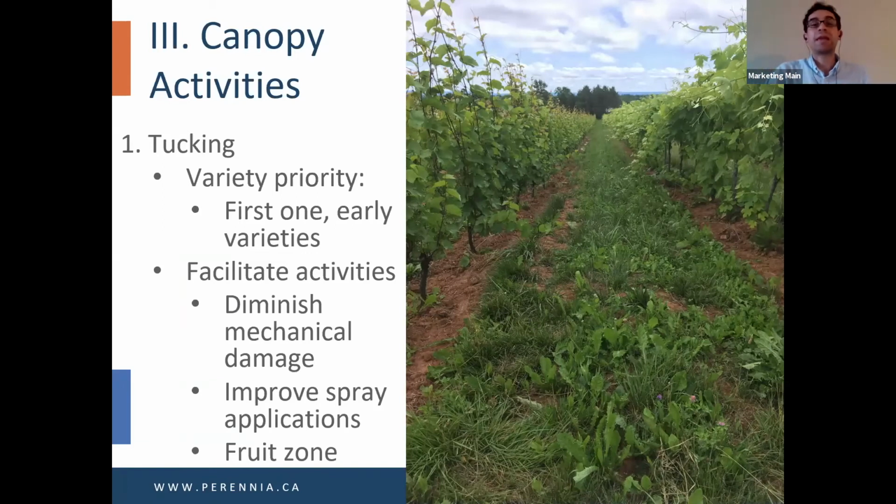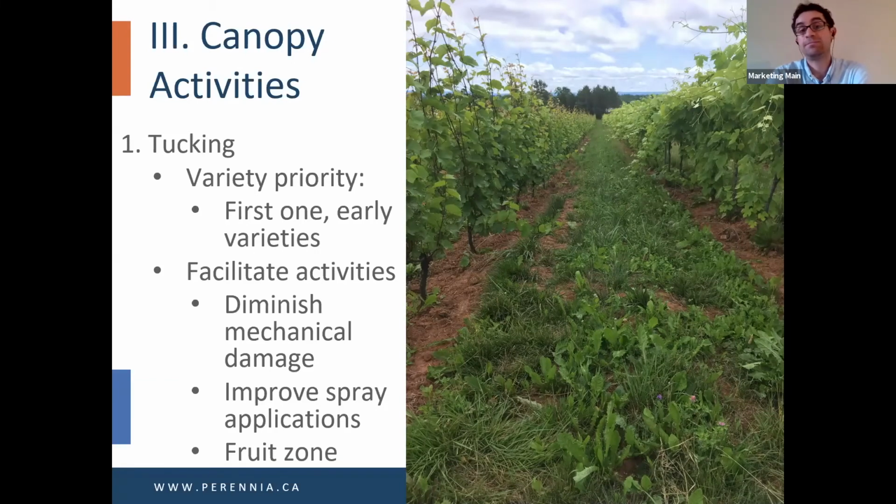Now I want to talk about the canopy activities. Tacking, we already talked and discussed about it in our previous session. It will be a variety priority. First the early varieties, that's for sure.